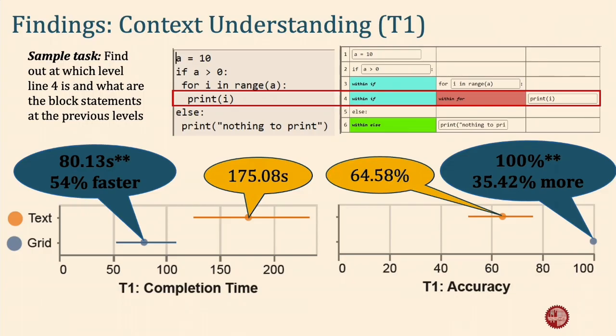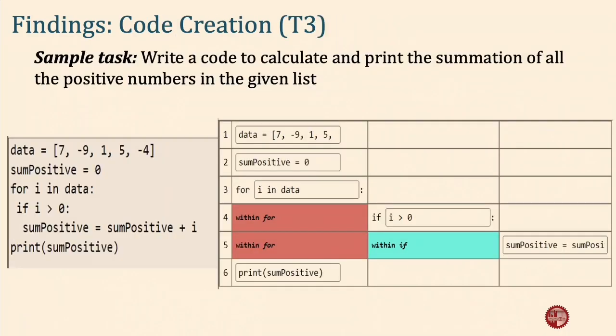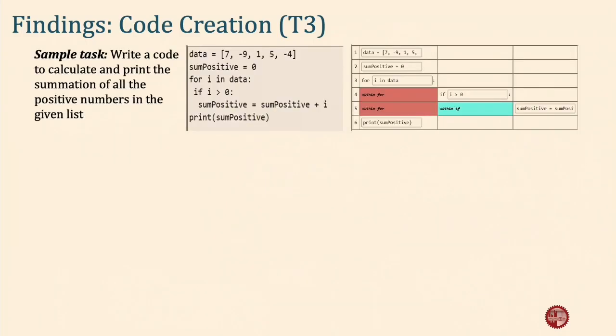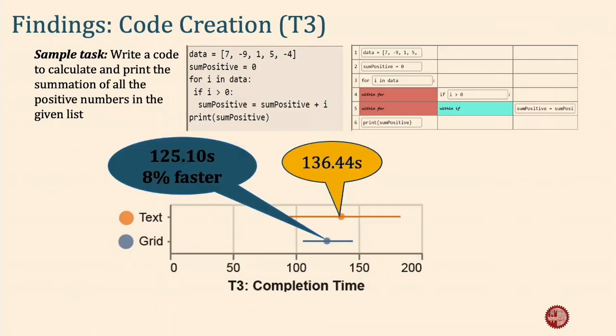Same thing with accuracy, the number of errors: blind programmers didn't make any errors with our layout. For code creation, we asked them to write a simple code snippet. Here we saw a narrow gap because code creation is a cognitive process.